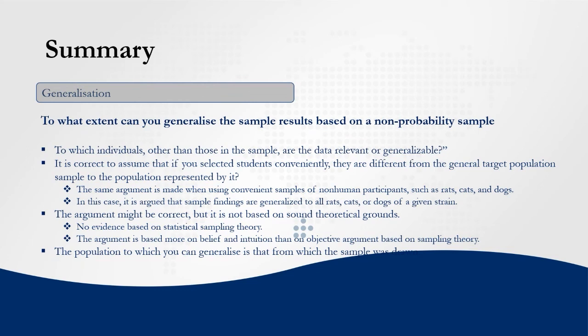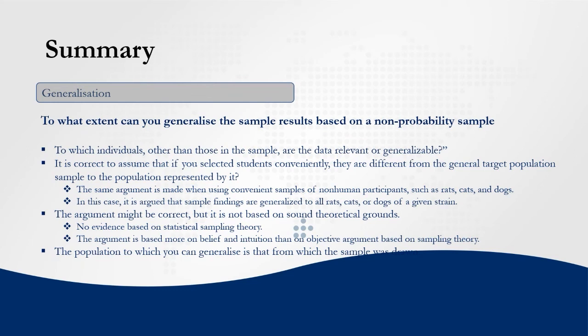Even when you are using samples of non-human participants, maybe animals, they will say that if I have dogs from the same strain, they will represent all the other dogs from that particular strain. So there might be a level of correctness there.